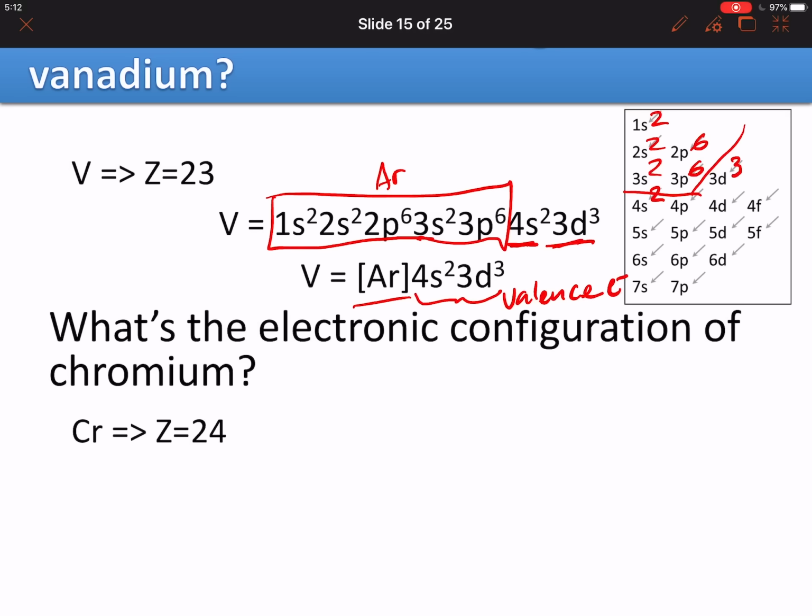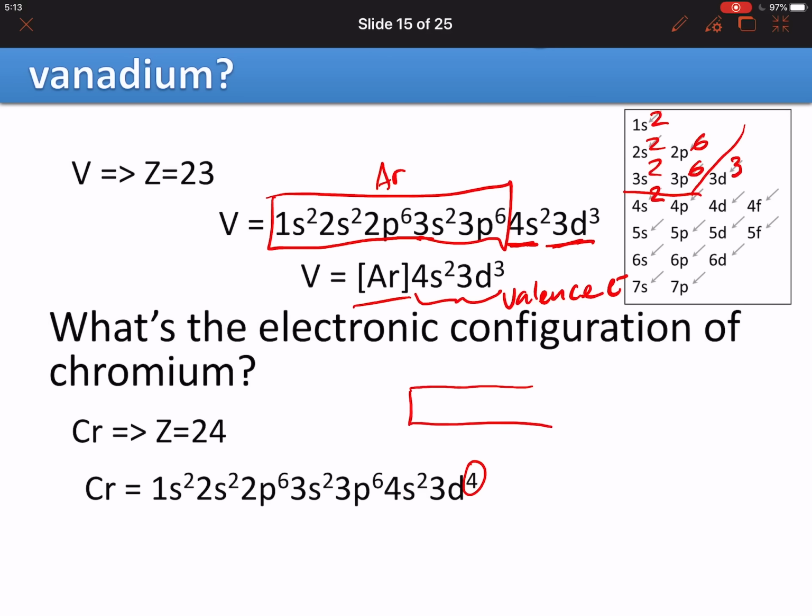Okay? Now, if we do chromium, chromium is just one more electron, right? So therefore, instead of adding 3 to the d orbital, you add 4. So you end up with this 4 right here. Now, chromium presents a particular situation because if you think about it, the 3d orbitals, they are 5, right?